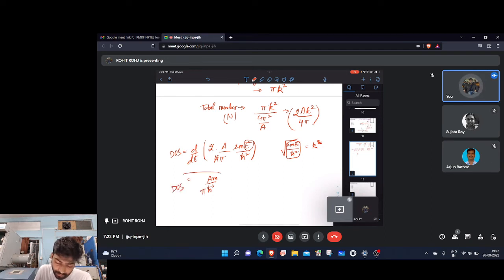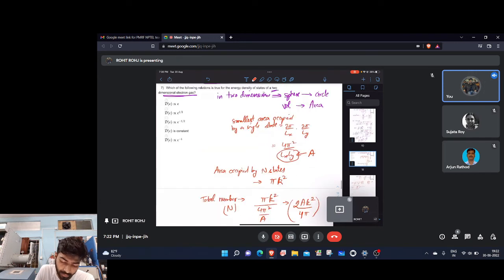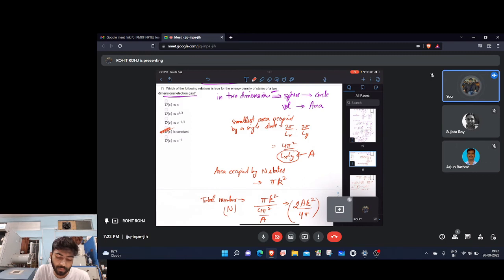So density of states in case of 2 dimensions is, since the area of the physical specimen is constant, mass of electrons is constant, pi and h cross square Planck's constant are constants, DOS in 2 dimensions is a constant, or I can say DOS varies as energy raised to power 0. So what we are left with is that density of states is constant for a 2-dimensional electron gas.